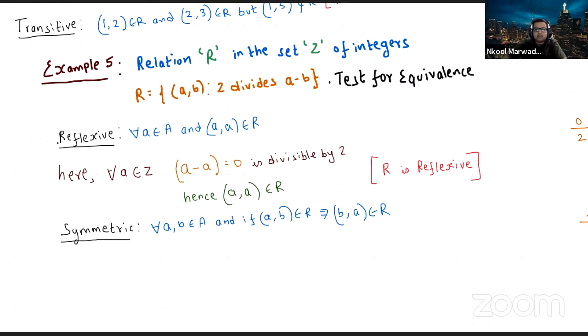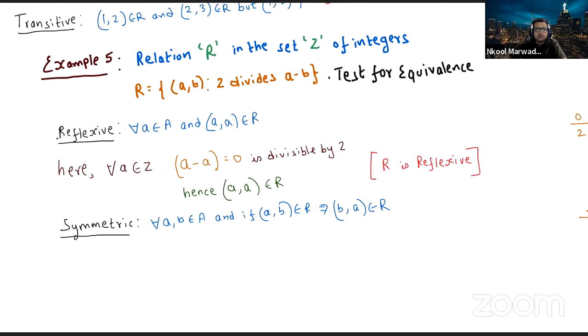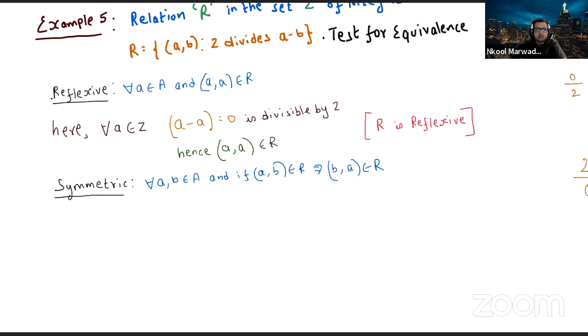Now let us check this for our function. Here, for all A comma B belongs to Z, like integer, if A minus B is divisible by 2, then B minus A will also be divisible by 2.